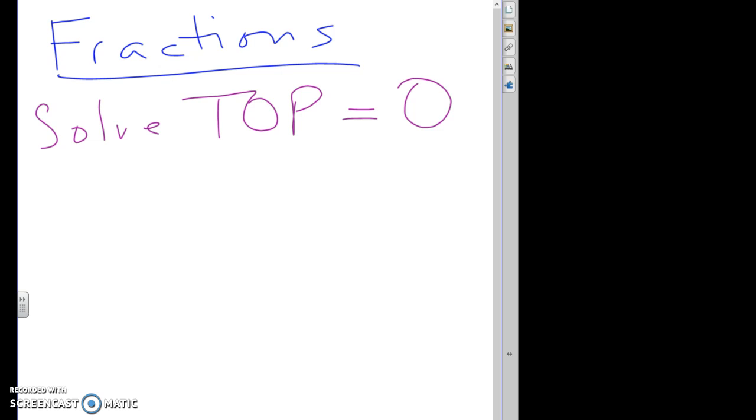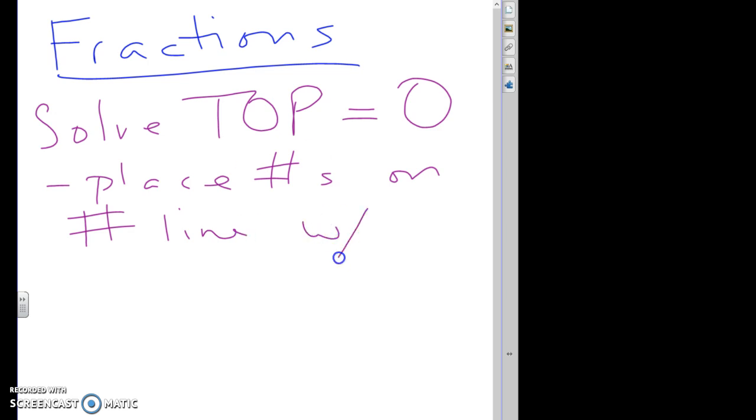And place those numbers on the number line with the circles according to the given inequality.